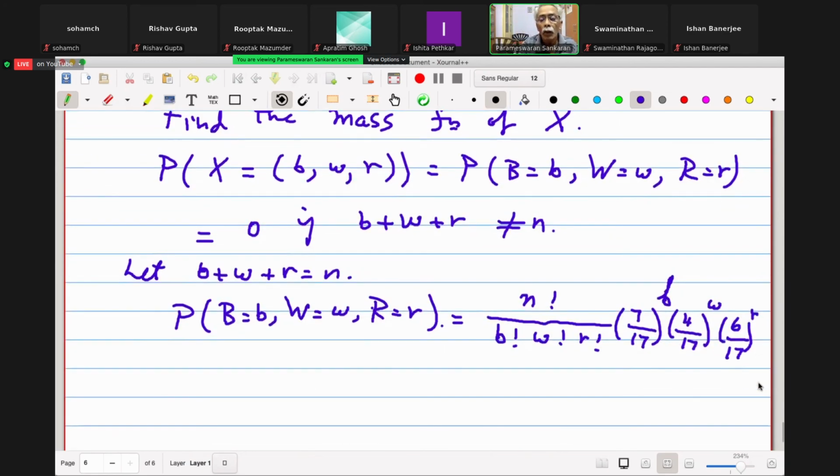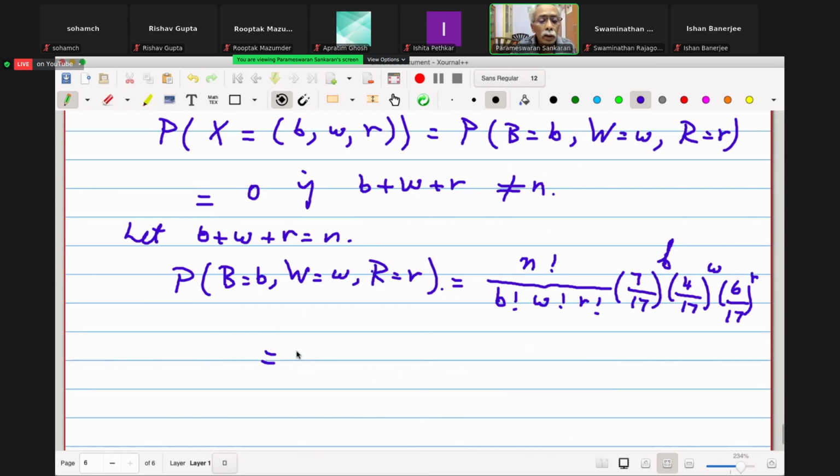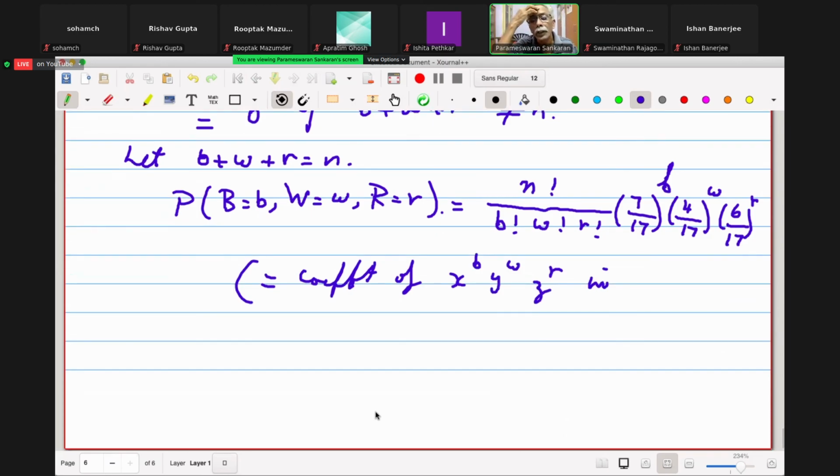Now, this is the coefficient of x to the power b, y to the power w, z to the power r in the expansion of (7 by 17 x plus 4 by 17 y plus 6 by 17 z) whole power n.